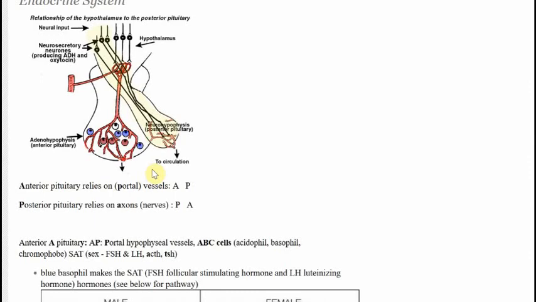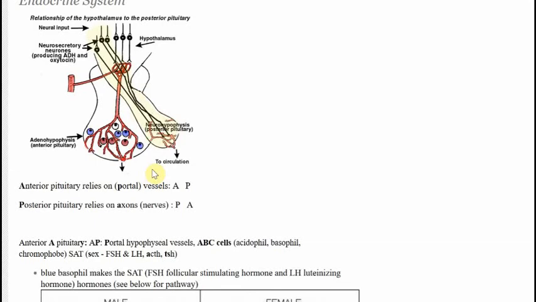And basically, these are cell stains. Different cell types stain differently. How I remember them? Well, the acidophil secrete two hormones. One is GH, so growth hormone. The other is prolactin.